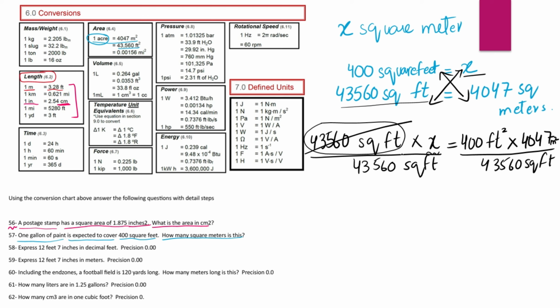So this value will be cancelled by this value. On the left hand side we just have x now. On the right hand side we have 400 multiplied by 4,047. So let's multiply 400 by 4,047. So it is this value.